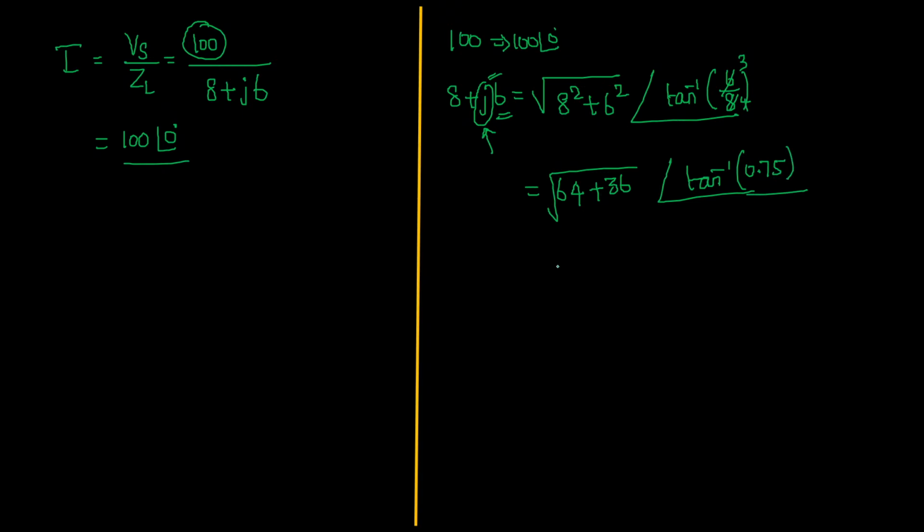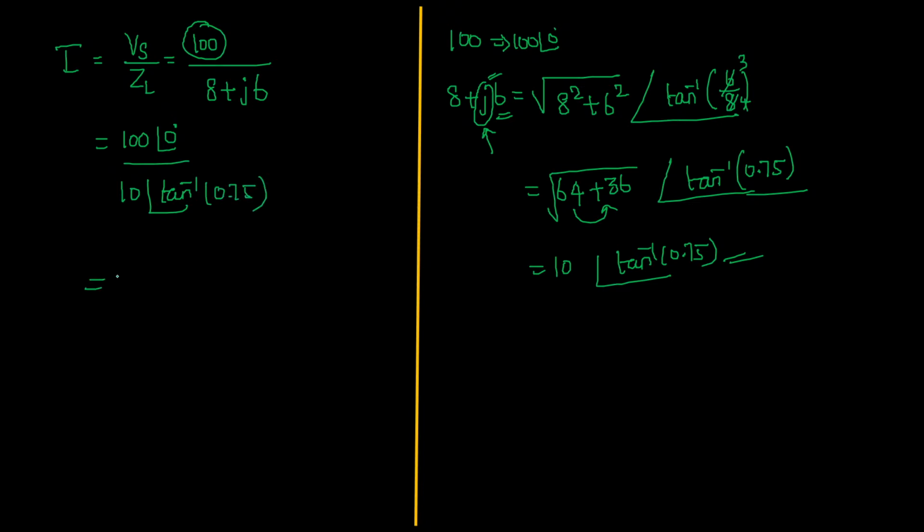Calculate the value of tan inverse of 0.75. 64 plus 36 will be 100, square root of 100 will be 10 at an angle of tan inverse of 0.75. Anyway, in our question they have asked only the magnitude. So I don't want to know this tan inverse value. You can calculate it by yourself. I am putting here 10 at an angle of tan inverse of 0.75.